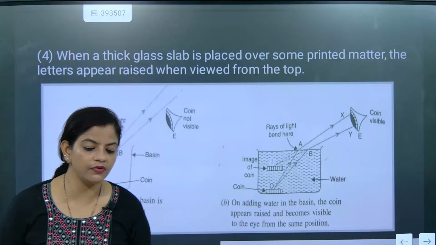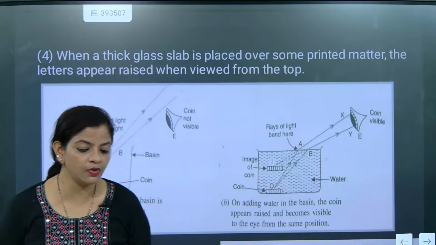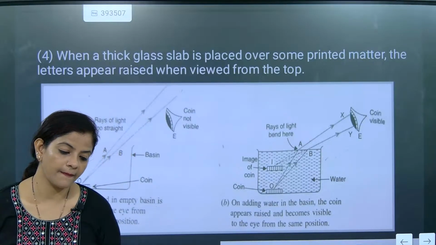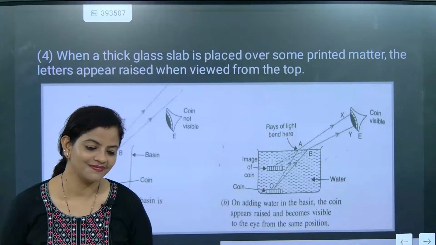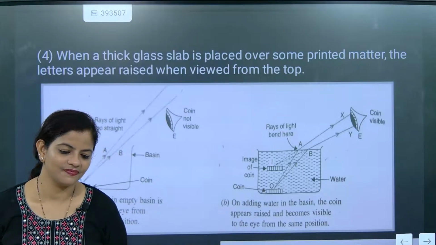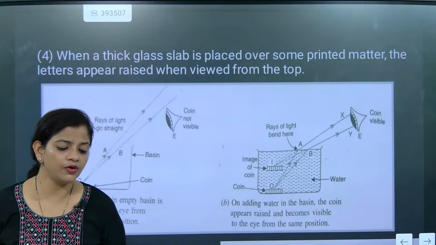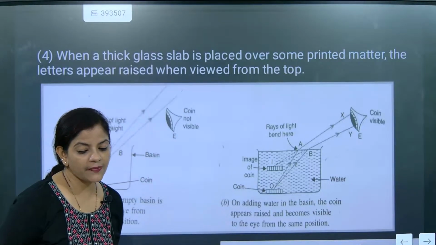Very good. But why can the real depth of the swimming pool not be known? Because of refraction. Absolutely, very good.